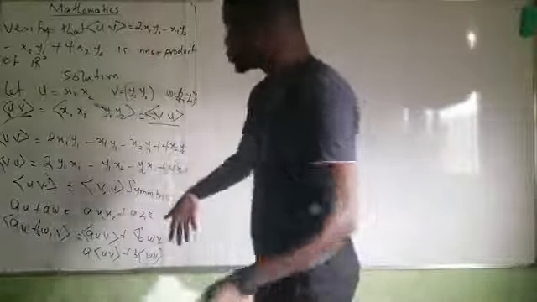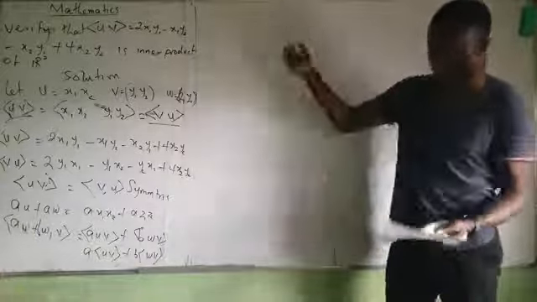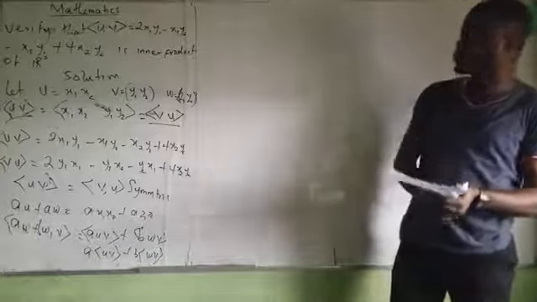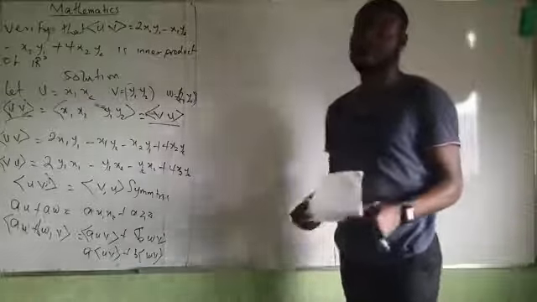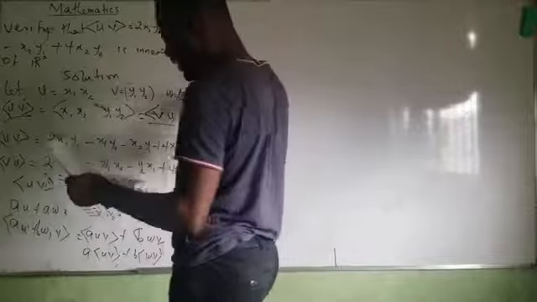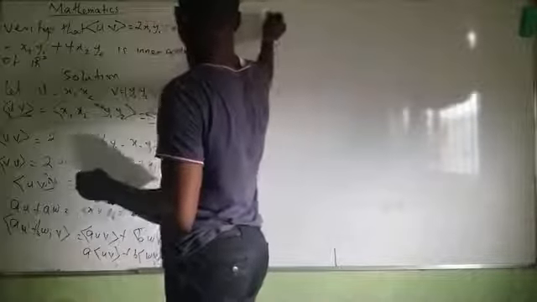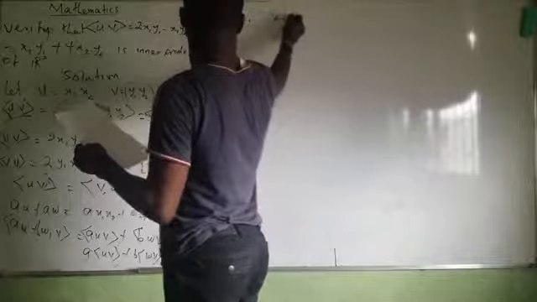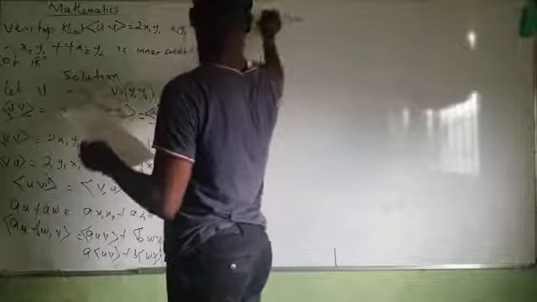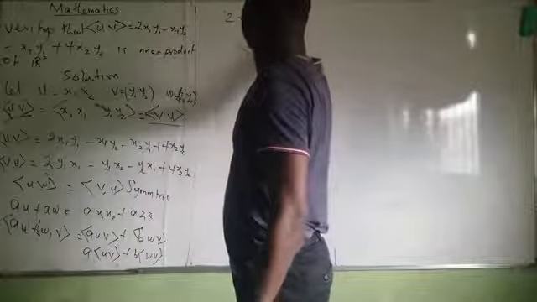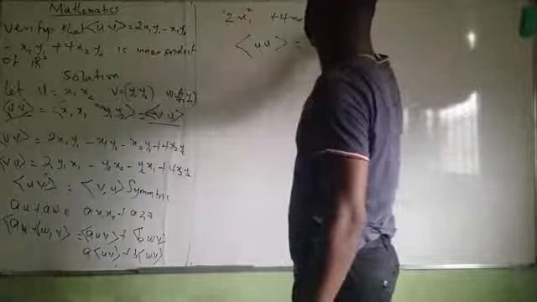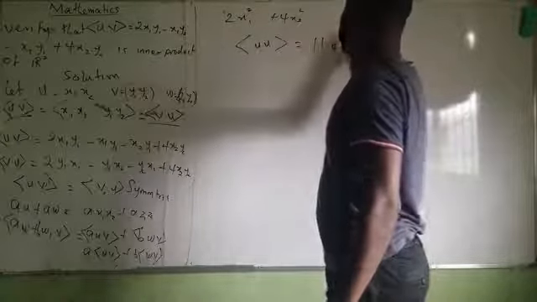You can now start your own manipulation, start manipulating numbers and working and working. You will notice that you will arrive at 2x1 squared plus 4x2 squared, because you are told that when you're having <U, U>, it will be equal to the norm squared.